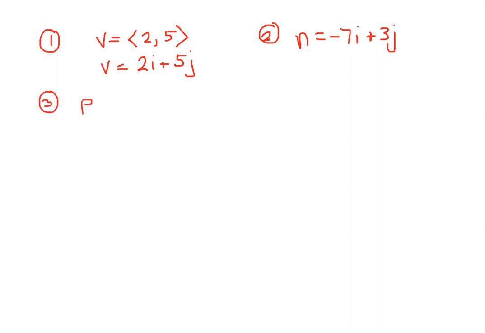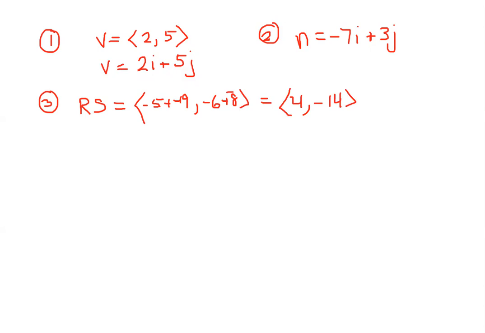So we first have to write our s, and that's going to be negative 5 minus negative 9, terminal minus initial, negative 6 minus 8. So that becomes 4, negative 14.